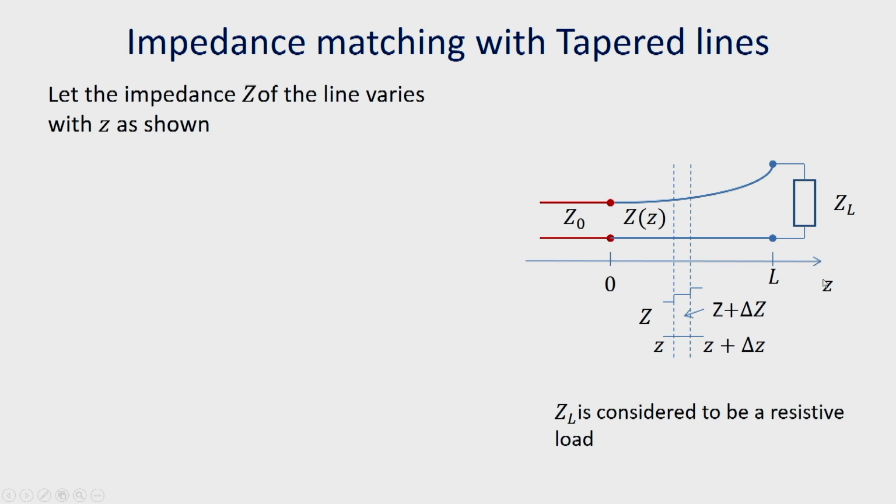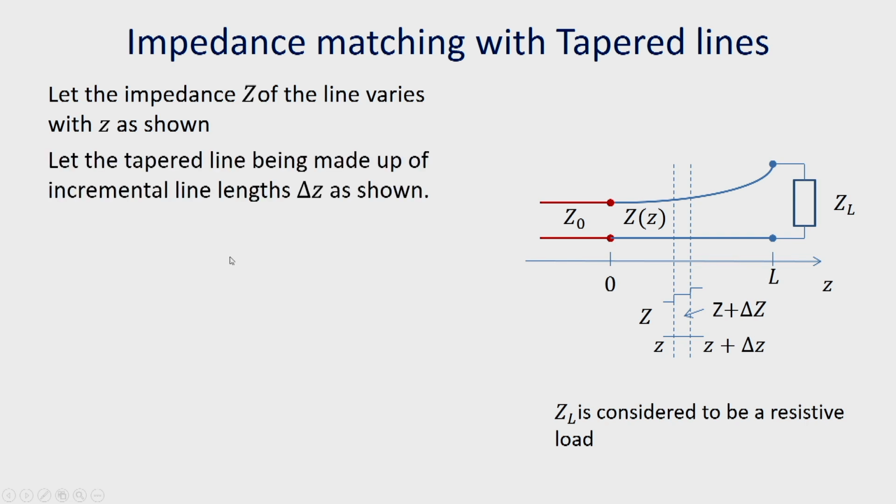So, at small z equal to 0, we have capital Z equal to Z_0, and over a length L, this impedance capital Z changes to Z_L.